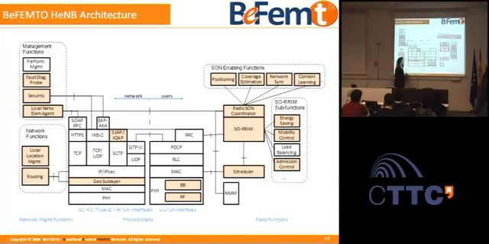That is new stuff which we have added within BeFEMTO. So there's new admission control, new mobility control, new energy savings, whereas the load balance is something we have not touched. And today in the afternoon, if I have time, I will introduce you to a few SON-enabling functions like positioning, coverage estimation, synchronization, which also go in there.